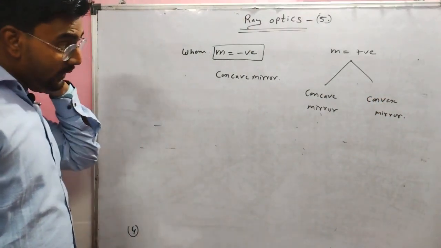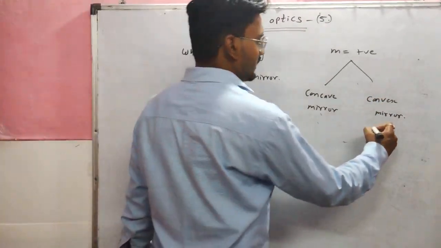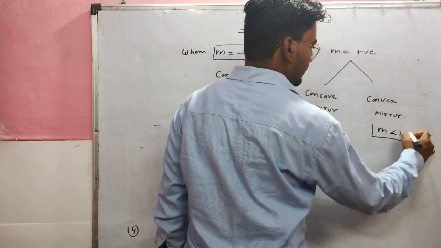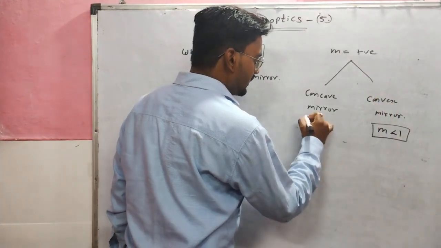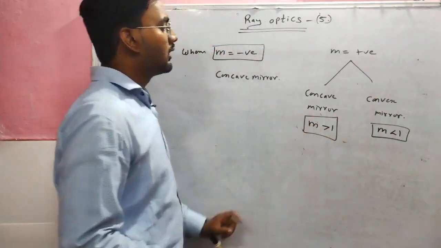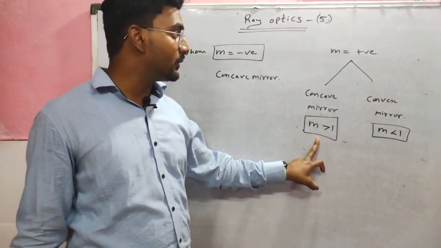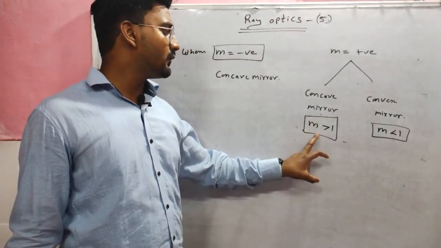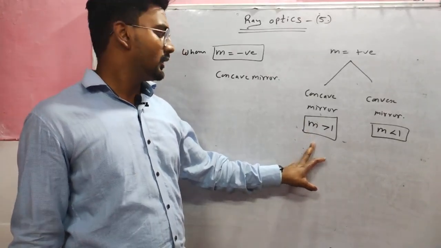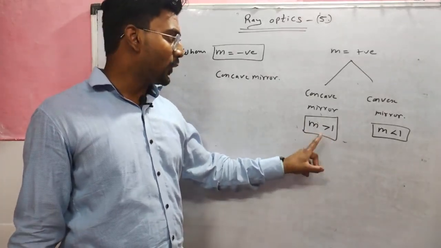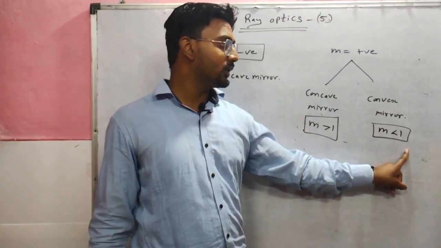But when the magnification is lesser than 1, then this is a convex mirror, and when magnification is greater than 1, this is a concave mirror, because we know that magnification is positive in the last case of the concave mirror, where we get a virtual and magnified image. So magnification is positive but greater than 1. Here magnification is also positive but less than 1.